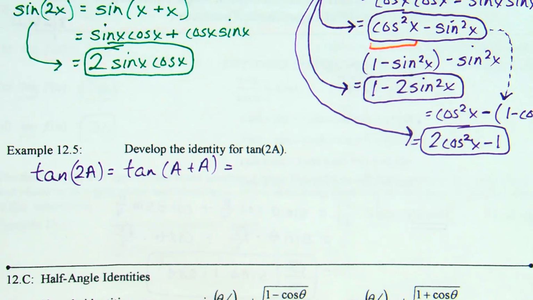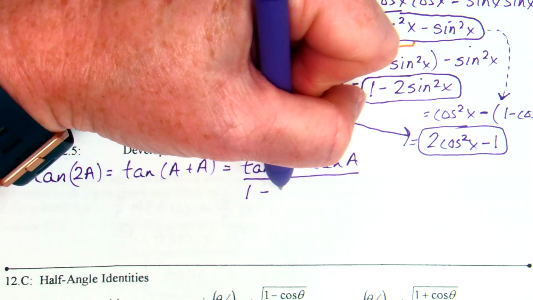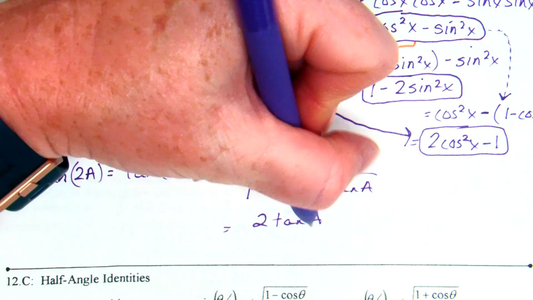If it's tangent of two items added together, the top is tangent A plus tangent A, and the bottom is 1 minus tangent A tangent A. And so if we clean this up, what is tangent A plus tangent A? 2 tangent A. What is 1 minus tangent A tangent A?